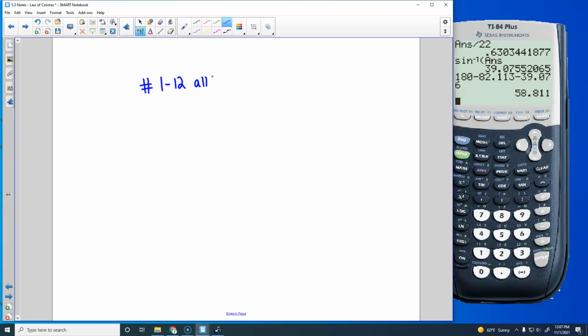So like on number 1, it's asking for AB. So it's just wanting that side AB. So let's do 1 through 12 all, and then I want you guys to do number 13 and 15. So you'll just have a couple of these that you've got to solve the entire triangle for. Okay, questions? 1 through 12 all, and then 13 and 15.